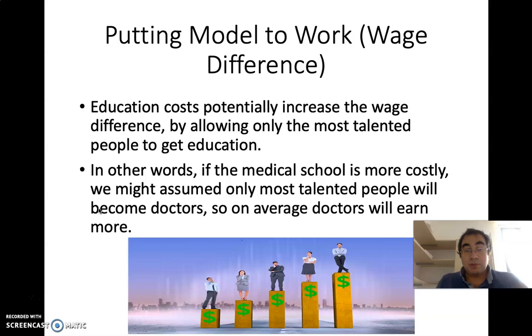But it might also be possible that because the cost of that particular education is high, not many people can afford that cost, and that might itself be keeping the supply low. So here we have two different things. Are wages high because the cost of education is high, or is the cost of education high because the wage difference is high?